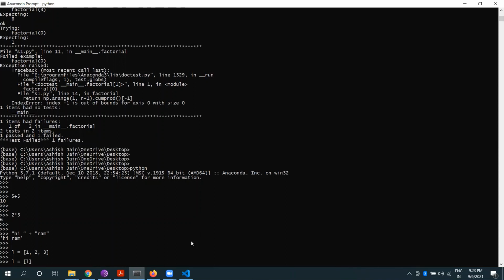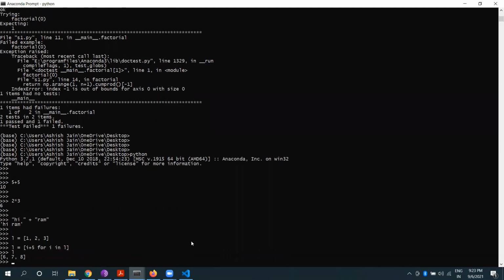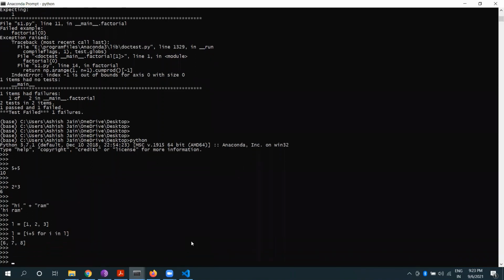It is L = [i + 5 for i in L]. Now L gives you 6, 7, 8, right? This expression is called list comprehension: square bracket i plus 5 for i in L.